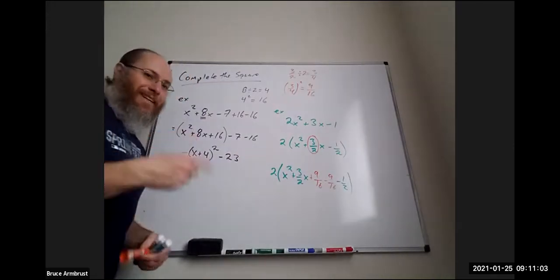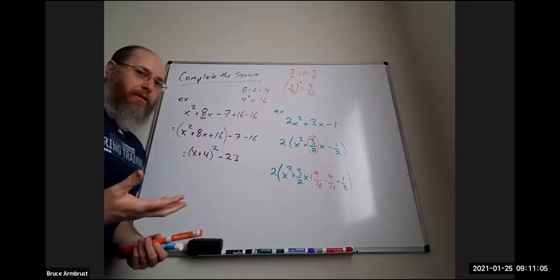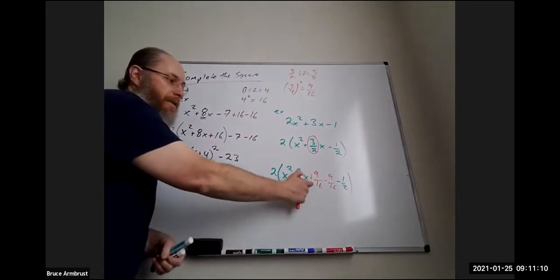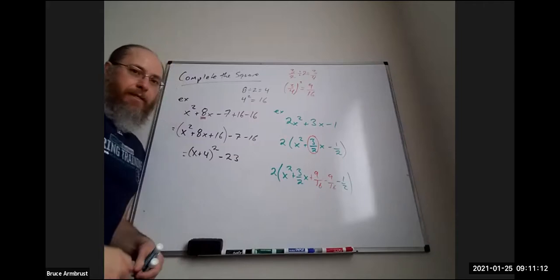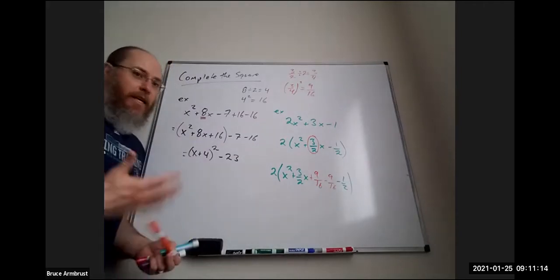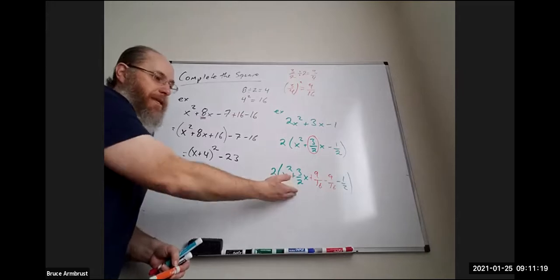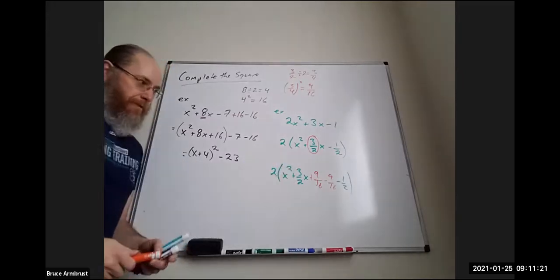As long as they're both inside, you're still adding 0. If they were both outside, that's fine. If you had a 9/16 in the parentheses and then the minus 9/16 outside, now you didn't add 0. So you need to make sure you keep them together. My recommendation, just keep them inside the parentheses.